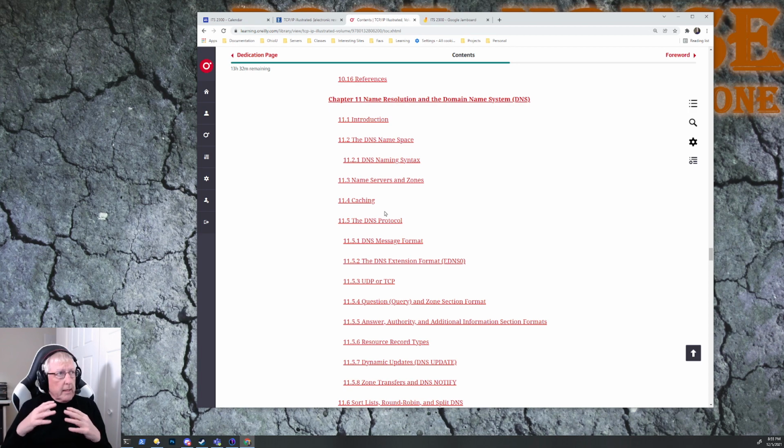The 11.5, the introduction, the first part of section 11.5, describes the core of how DNS works. So really important. It's not terribly long. It's not super short either, but really worthwhile reading very carefully, as that describes exactly how DNS operates.